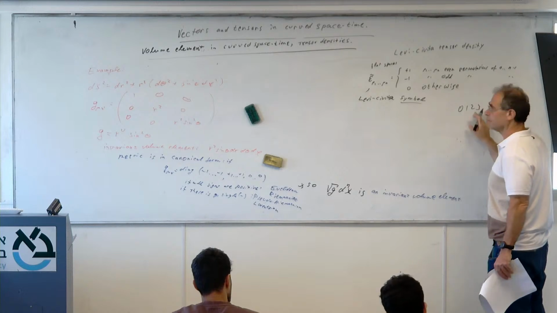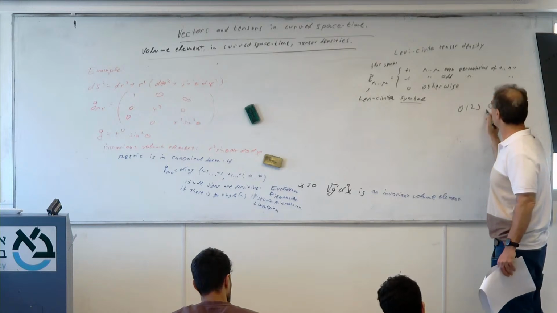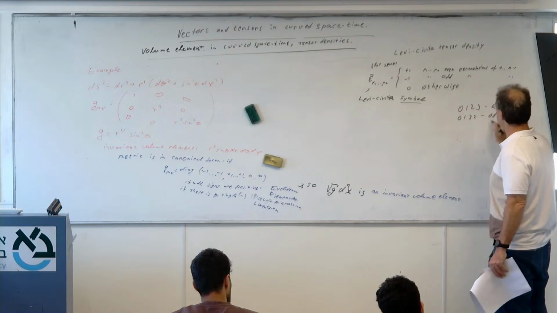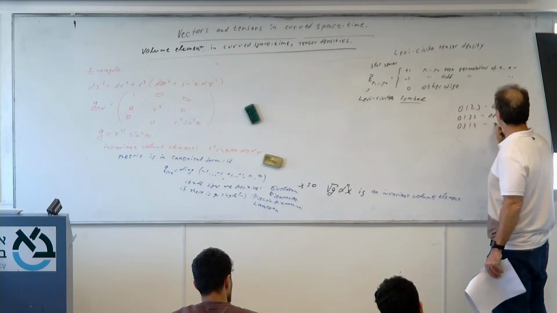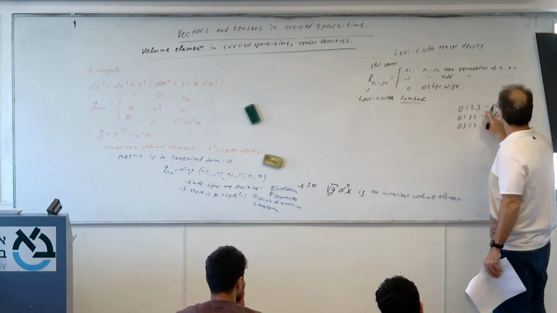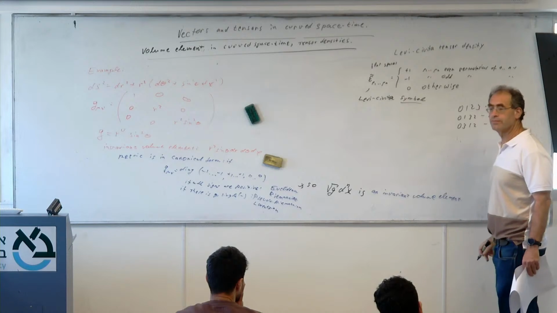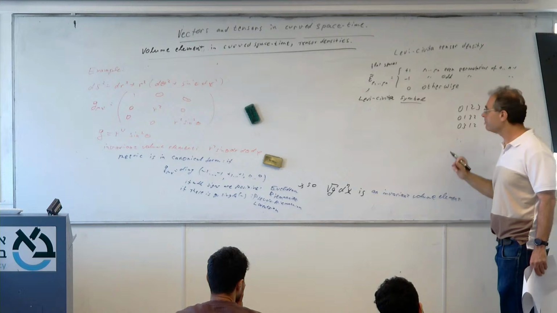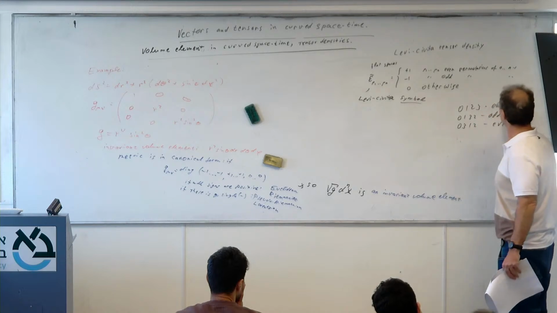Everything with one switch becomes odd. 0, 1, 3, 2 is odd. 0, 3, 1, 2 is even. Here I have 0 permutations, so this is an even number. Slightly confusing, not too much.